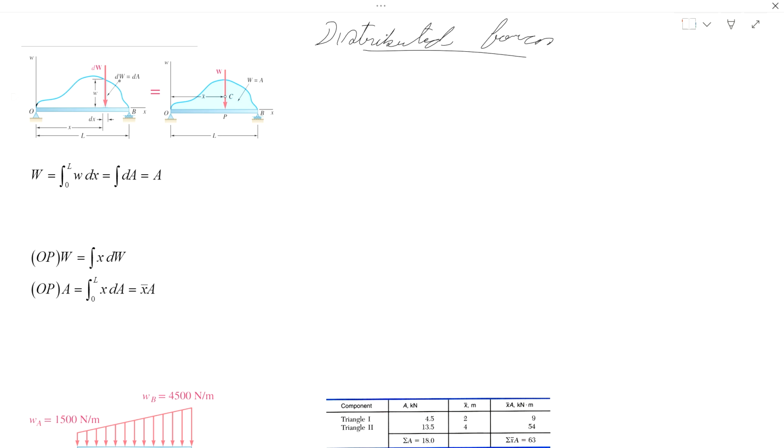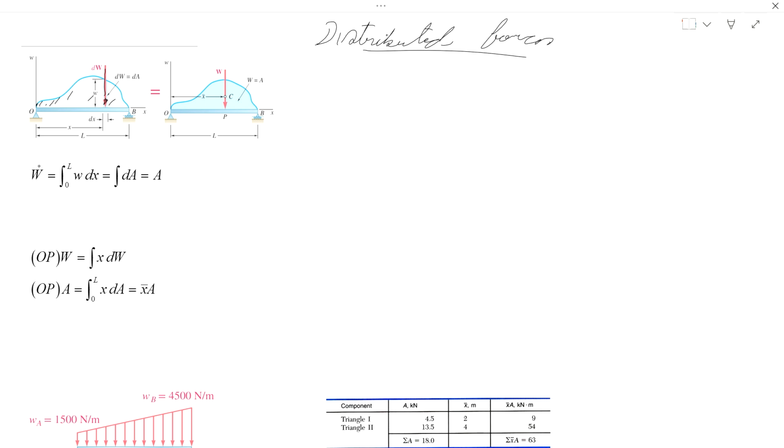It's just a coincidence that the weight is the same as the area for simplicity. So let's picture a force differential dW applied at a point in x, which is our horizontal axis, where this whole distributed weight or area can be applied or simplified to a single vector.